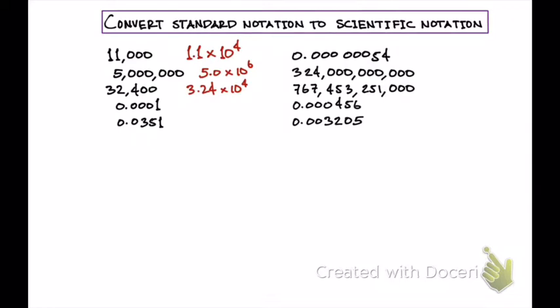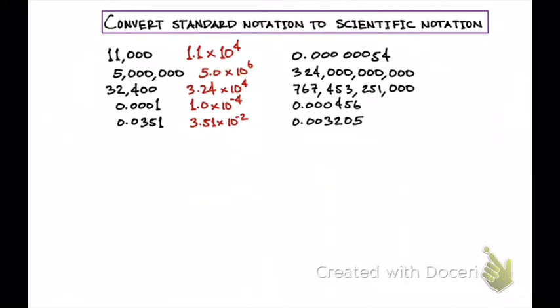So it would be 1.0 times 10 to the negative 4th power. 0.0351 would be 3.51 times 10 raised to the negative 2nd power.